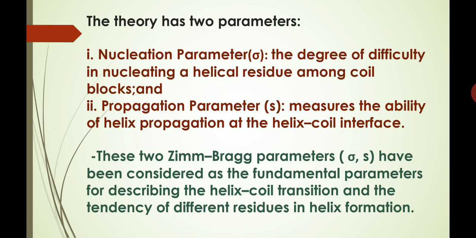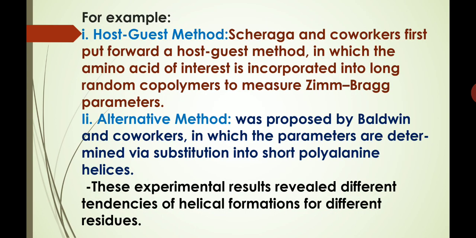These two Zimm-Bragg parameters, that is sigma and s, have been considered as the fundamental parameters for describing the helix coil transition and the tendency of different residues in helix formation. For example, first is the host guest method. Scheraga and co-workers first put forward a host guest method in which the amino acid of interest is incorporated into long random copolymers to measure Zimm-Bragg parameters.